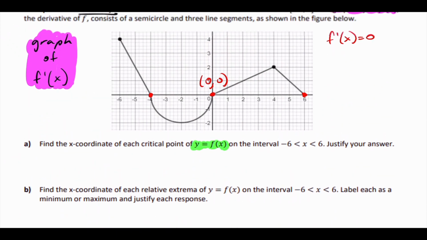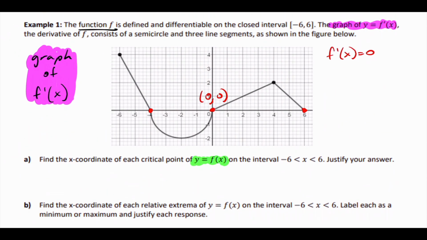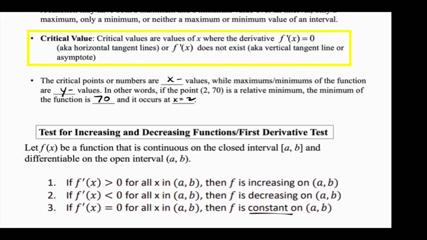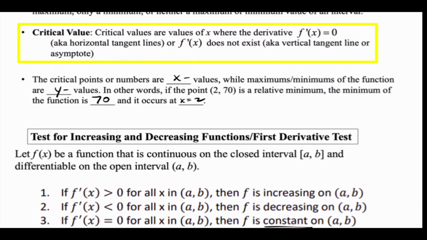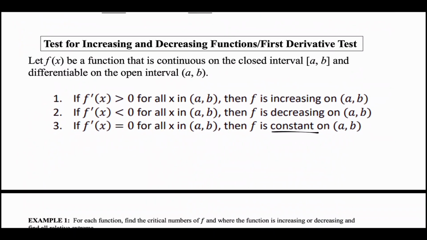So what are critical points? How do we know when we have a critical point or a critical value? First derivative test, right? When the derivative switches from positive to negative, right?